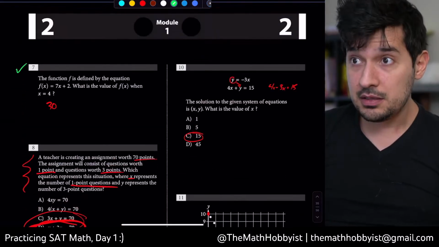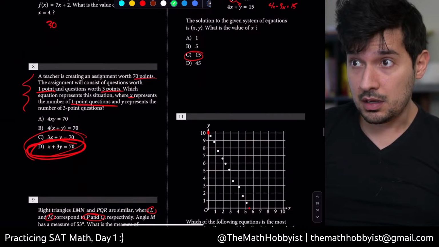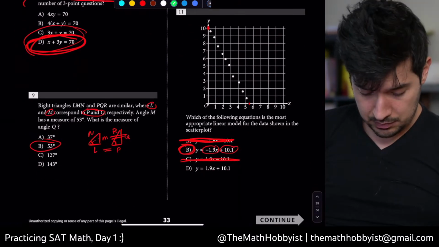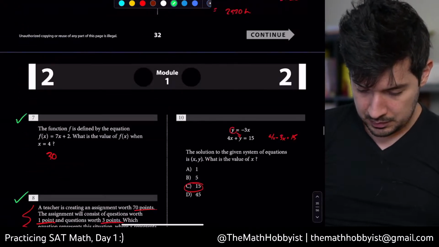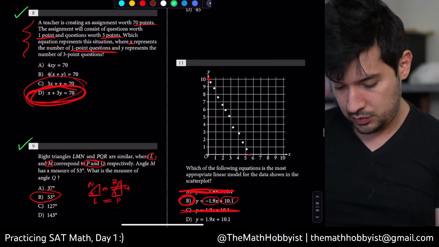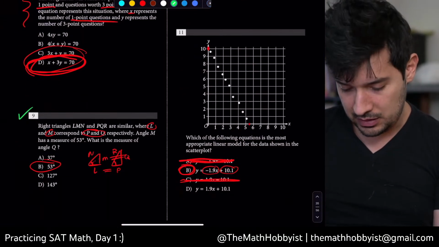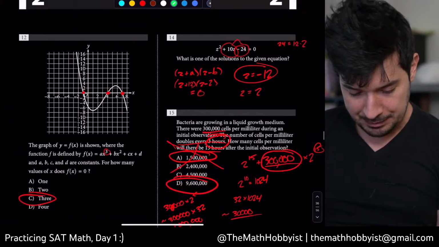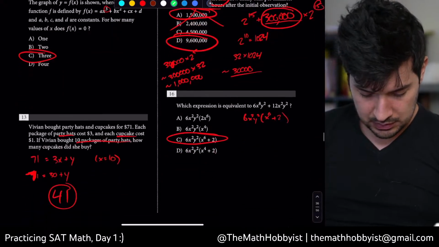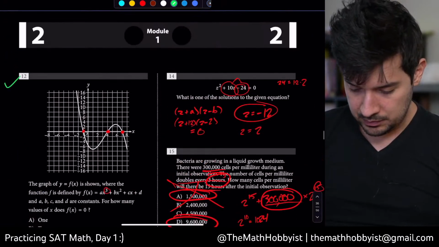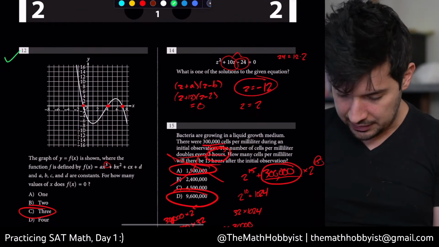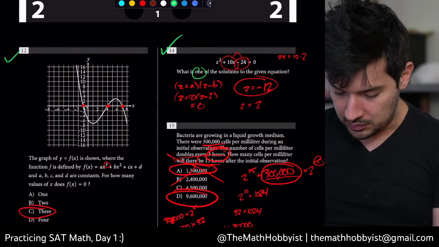We got 7. 8 is D. We got 8. 9, B. 10 is C. I'm on a roll, y'all. All right. 11 is B. 12, C. 13, 41. 14, 2, and negative 12. I think, yeah, it just asked for 1, so either one is correct.